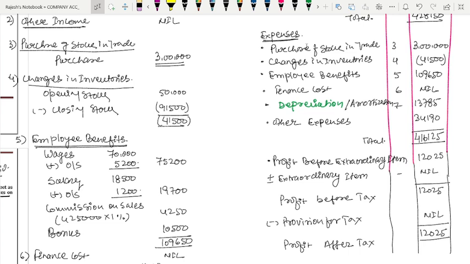So one part is completed. Now we have to prepare the notes related to the balance sheet. Now share capital is there, but there is also calls in arrear.